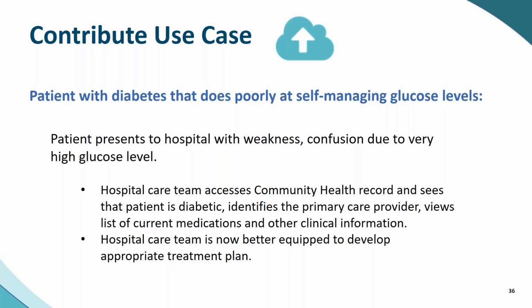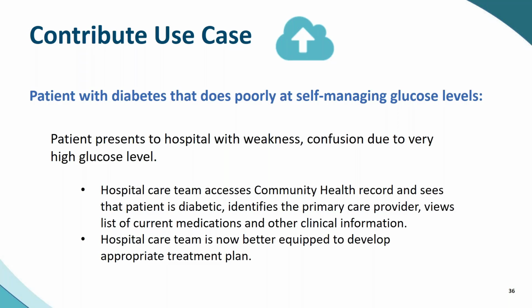So at any rate, let's say you have a patient with diabetes, again, who does a poor job with their glucose. When they go to the ED, God forbid, that hospital team can access the EHR or the HIE, too many acronyms, they can access the HIE. They can see the meds that you have that patient on.